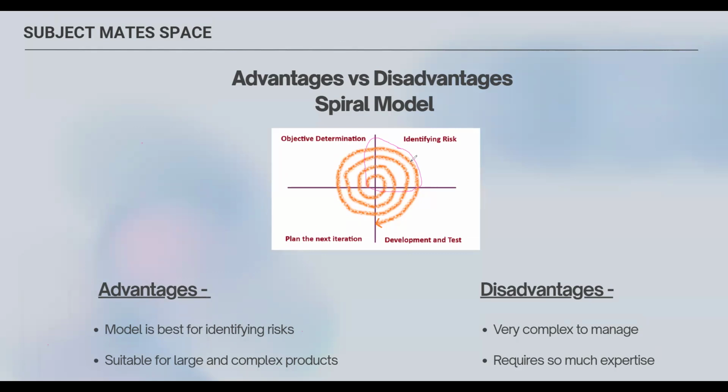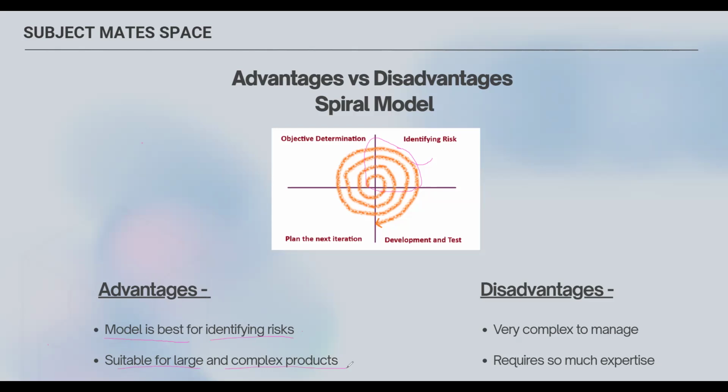If there are complex or large products, then this model is the best, because if the product is more complex, the risks will be higher. If the project is very deep, it might be full of risk. Hence, identifying risks in the second quarter of the spiral model itself is good. So the advantages: the model is best for identifying risks, and it is suitable for large and complex products.